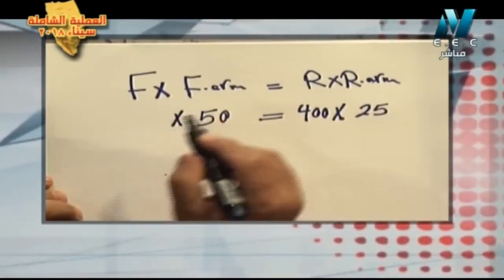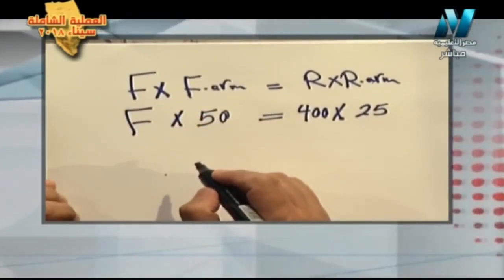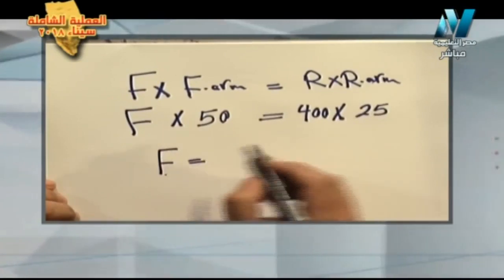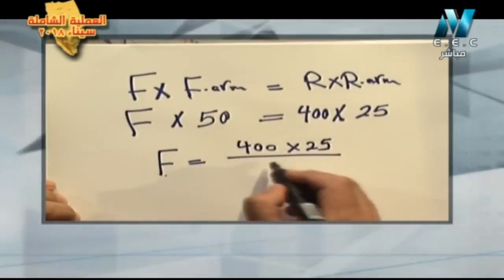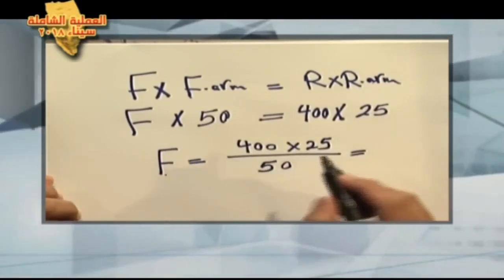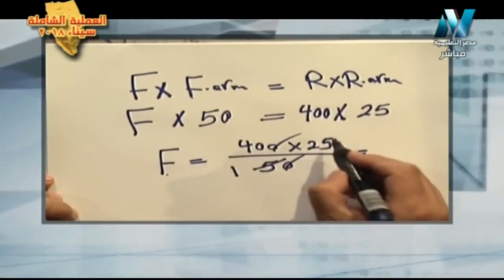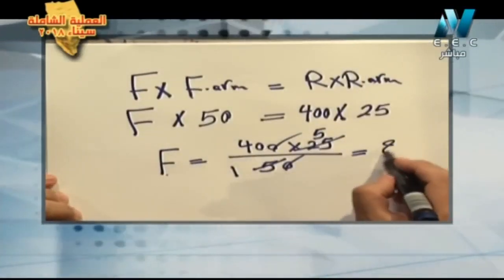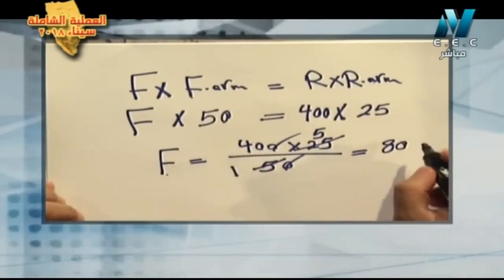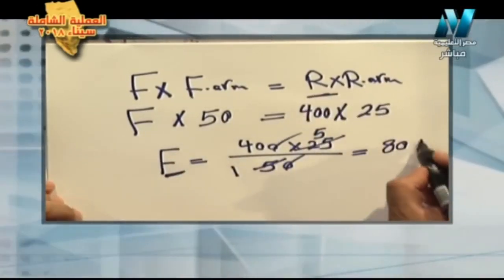I must find the value of the effort force and also mention the type of the lever. Effort force equal what? 400 by 25 over 50. So I can deal with the 0. Divide 5 equal 1. Divide 5 equal 5. So 40 by 5 equal 80. Okay. 80 what? Effort force has the same unit as the resistance, 80 Newton.